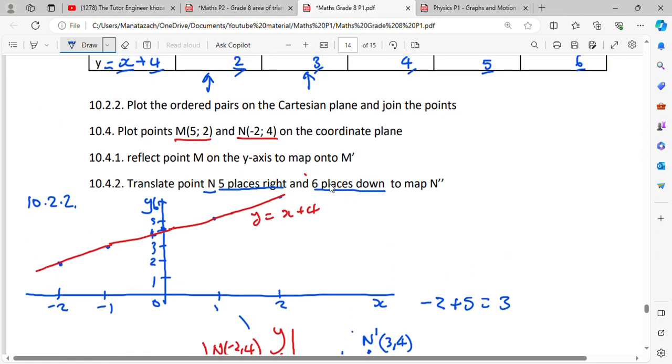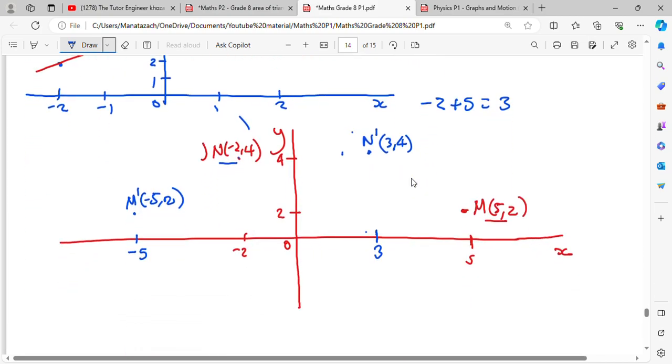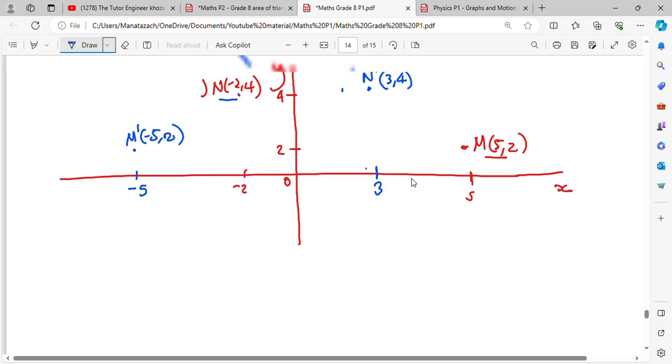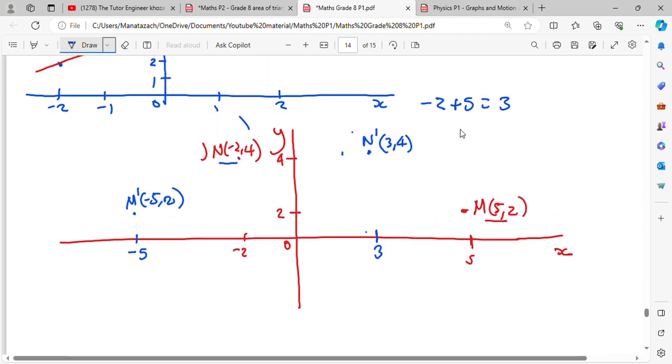So if you further take it 6 places down, that means the change is going to be on the y coordinate since we're going down. So going down, we have to subtract 6, which is going to take us to minus 2.